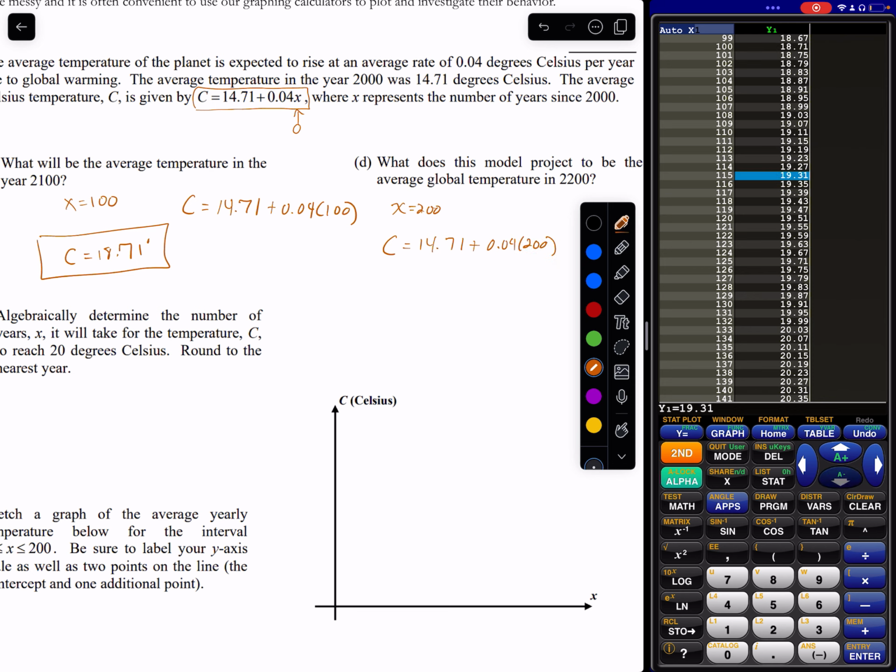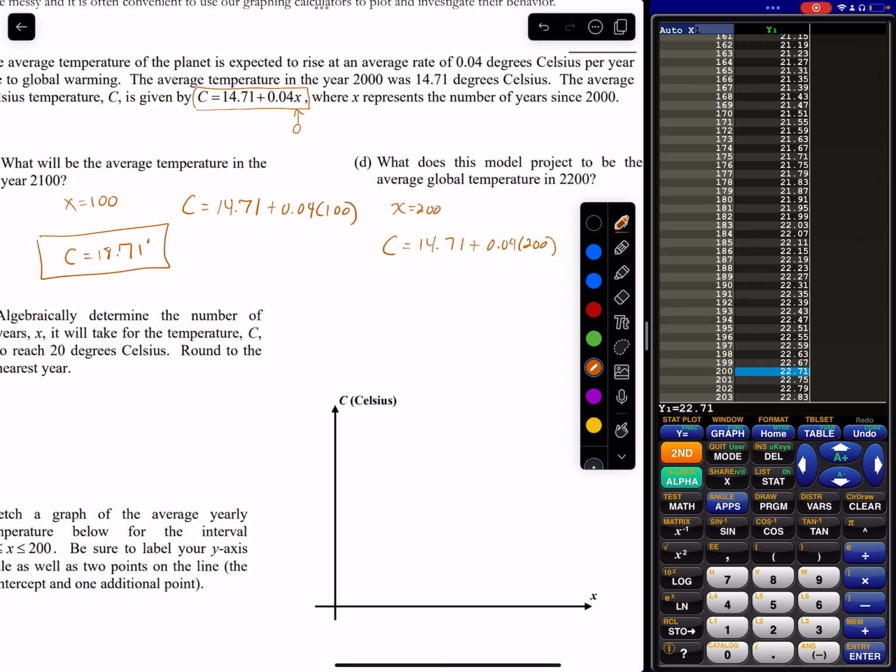In your calculator, you can scroll down, or you can use your table start to enter that in. Then if we look at the year 200, we've got C is equal to a value of 22.71 degrees Celsius.